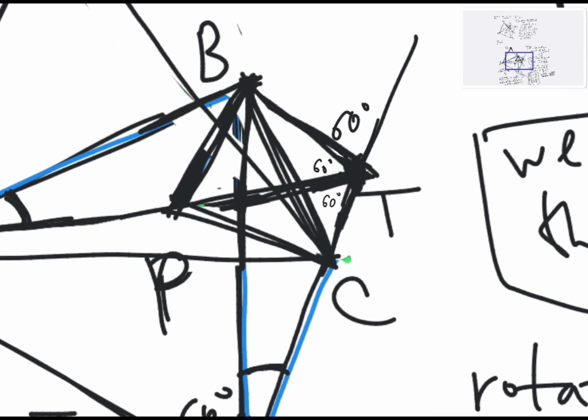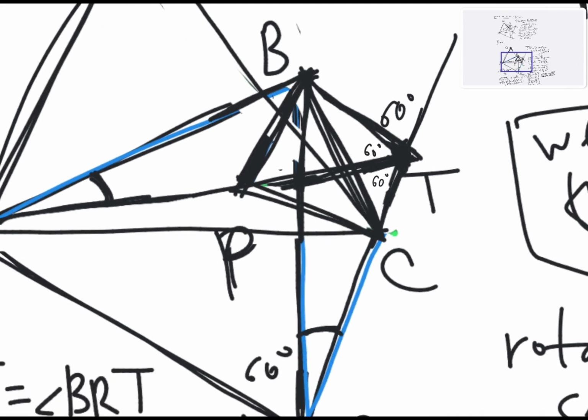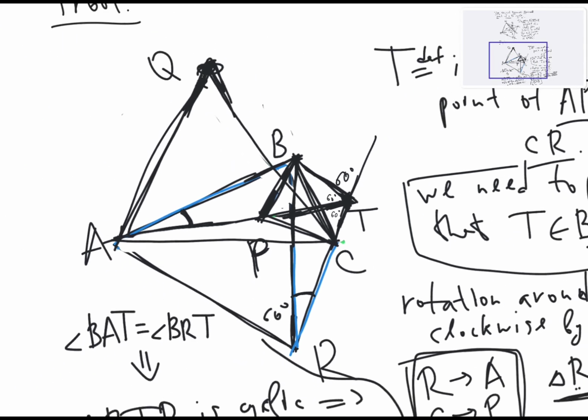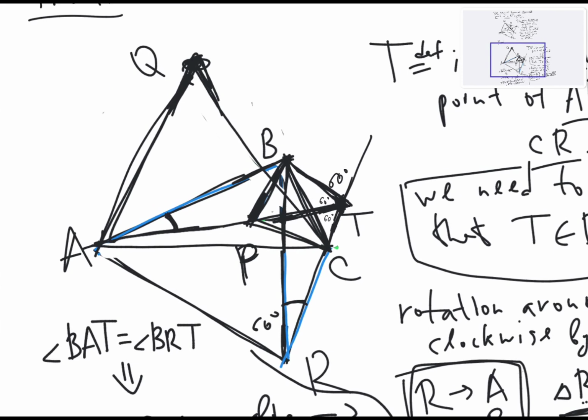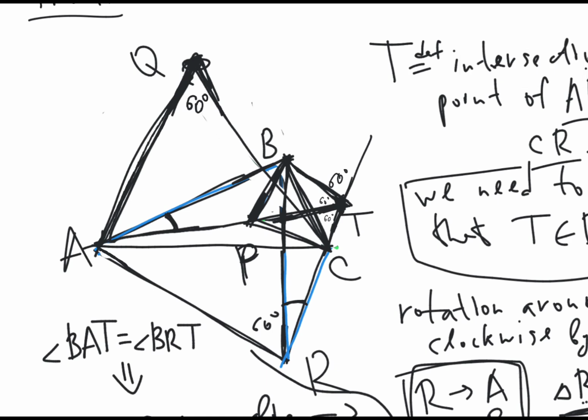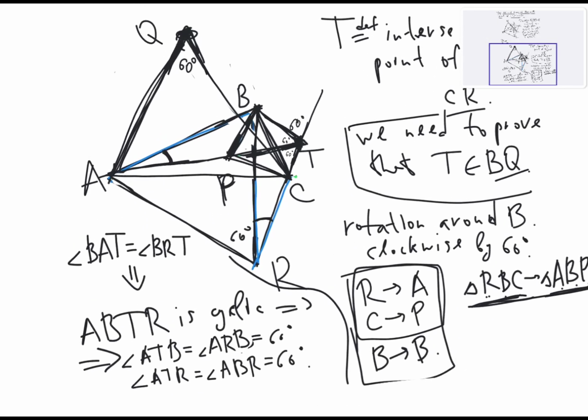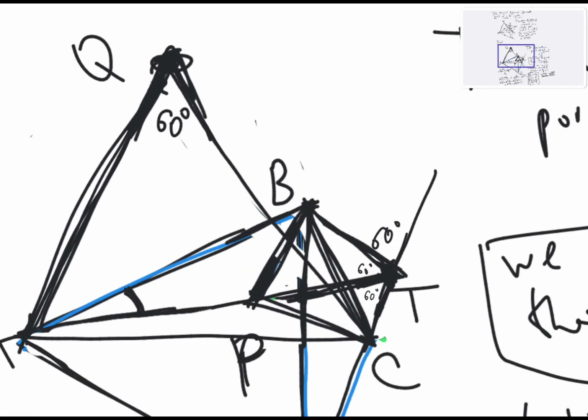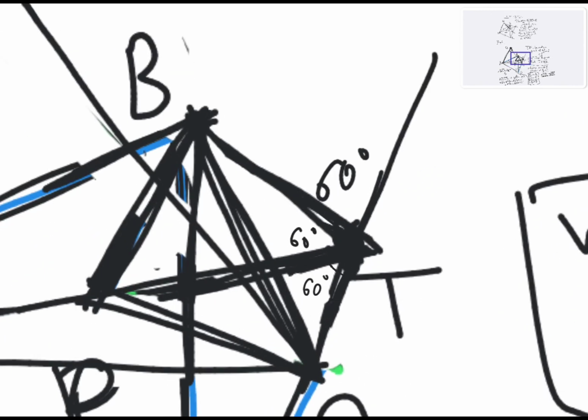Now observe that this angle is also 60 degrees because it's an angle in the equilateral triangle, right? The triangle AQC is equilateral, so this is 60 degrees. And now we notice that these two angles, this one and this one, are equal to each other.